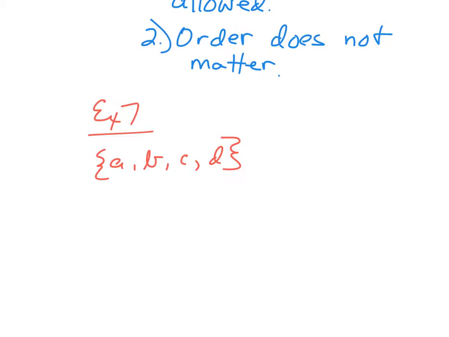First of all, is repetition allowed? Is AA a subset? And the answer to that is no. 2 of them are going to be paired together to make a subset. So repetition is not allowed. Now, does order matter? I just told you that it didn't. AB is the same subset as BA. Okay, so since those 2 conditions are met, I can use a combination.